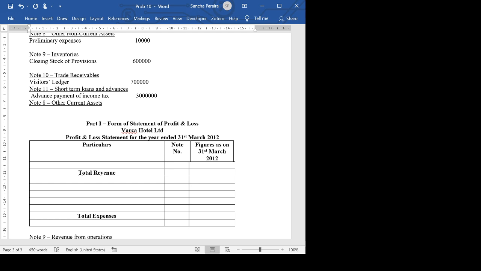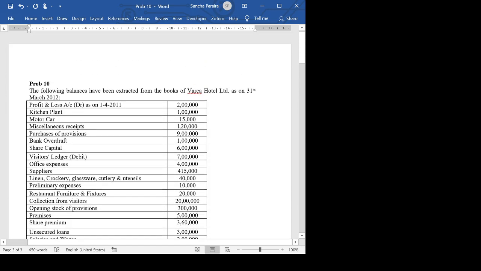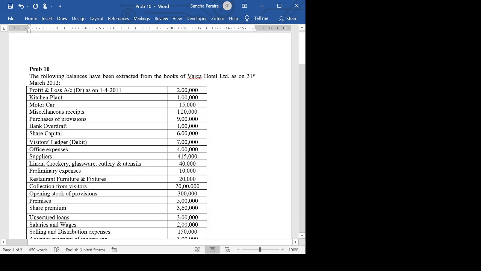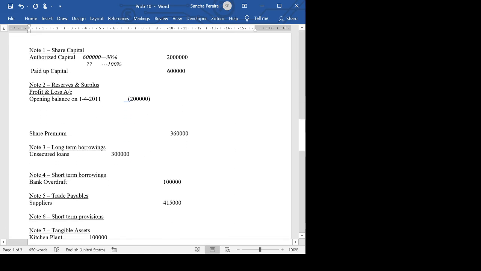And the last thing is other current assets, note 12. I think we have linen, crockery, glass, all those things here. Linen, crockery and glass, 40,000.